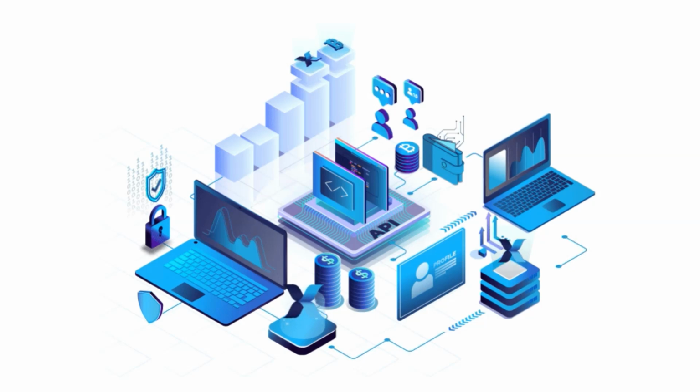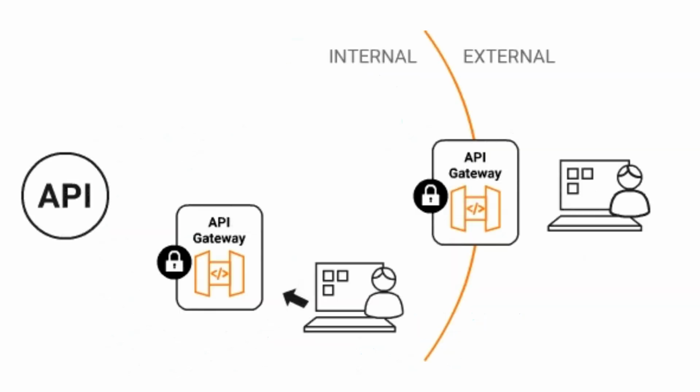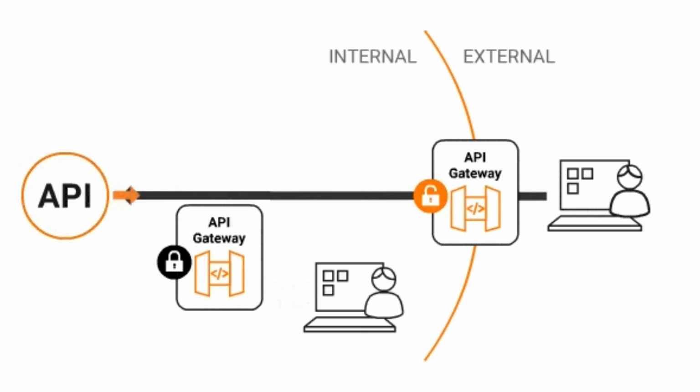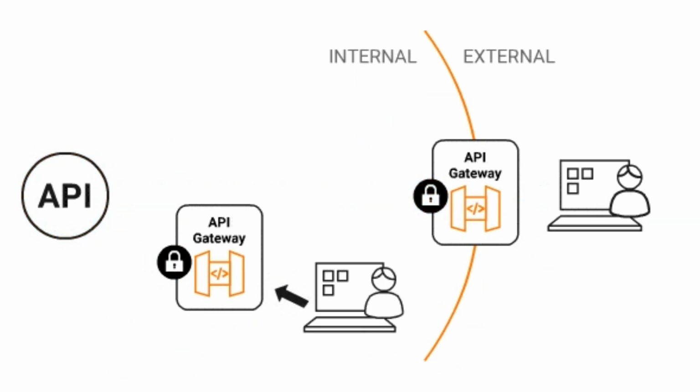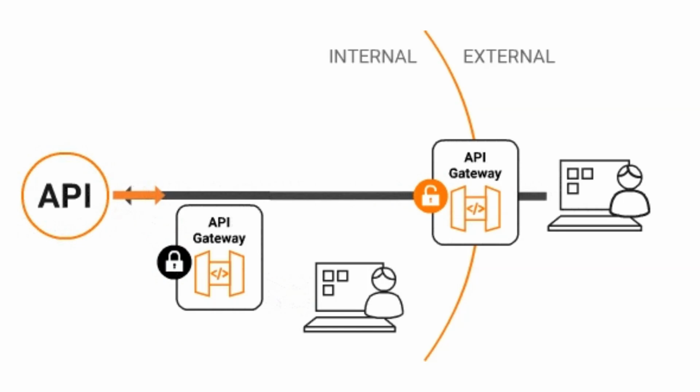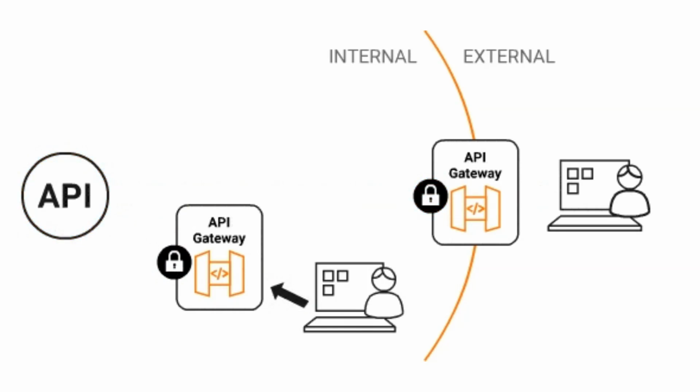In simple words, API is the soul of app development. Why? Because without an API, you can't build any app right now. Whatever data needs to be fetched or sent, APIs are a very important thing.